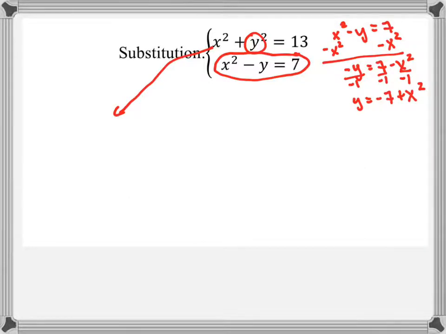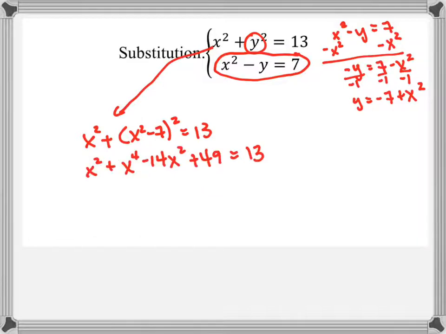So substituting in, we get x squared plus (x squared minus 7) quantity squared, equals 13. So now I need to square x squared minus 7. I need to distribute or FOIL that out. So that becomes x squared plus x to the 4th minus 14x squared plus 49 equals 13.